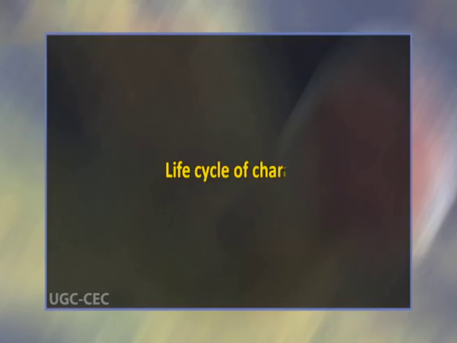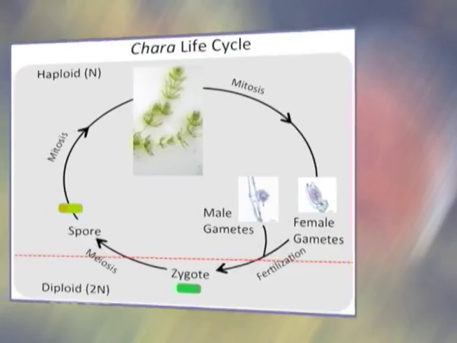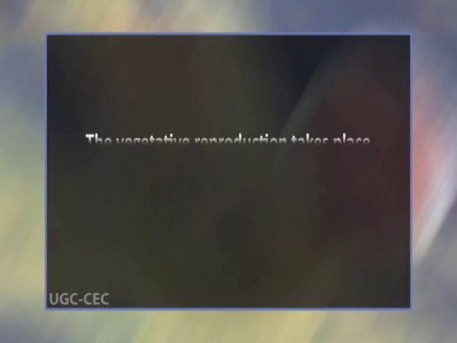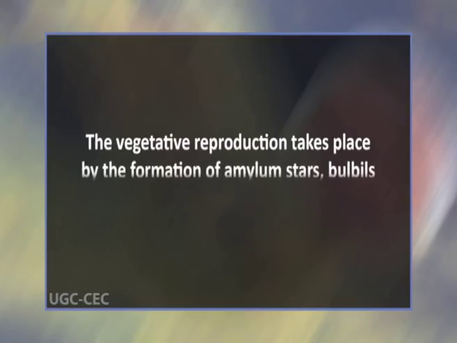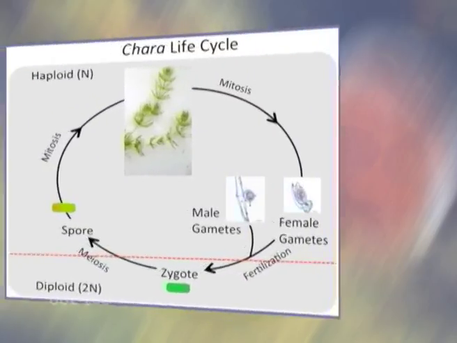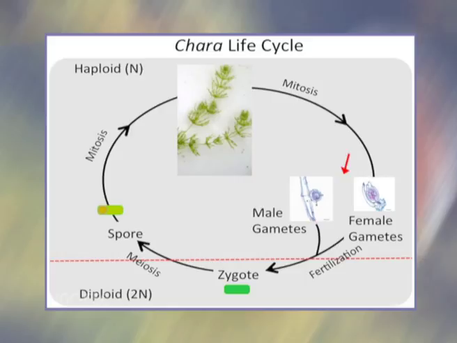Now finally, we'll talk about the life cycle of Chara. The plant body of Chara is haploid. Vegetative reproduction takes place by the formation of amylum stars, bulbils, and secondary protonema. Asexual reproduction is absent. The sexual reproduction is of advanced oogamous type.